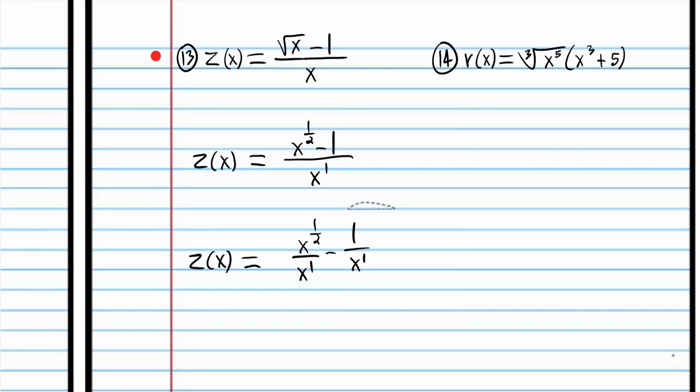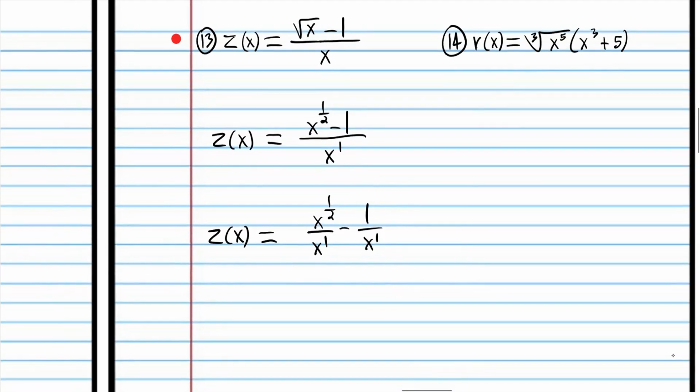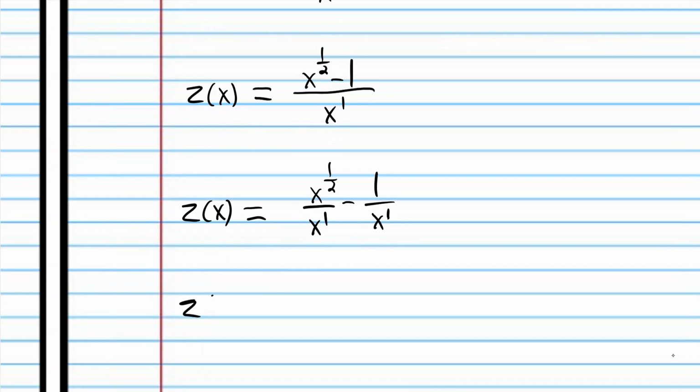So this is basically fraction decomposition, the technical name for this. So now we're going to use exponent rule number 2 and subtract the exponents, so we get x to the negative 1/2. And here we can use exponent rule number 8 to get x to the negative 1.